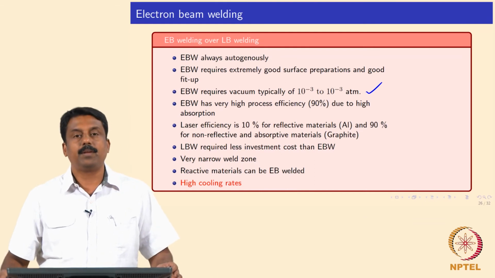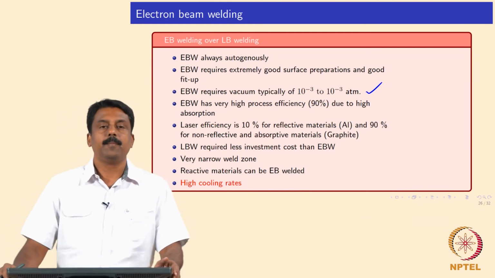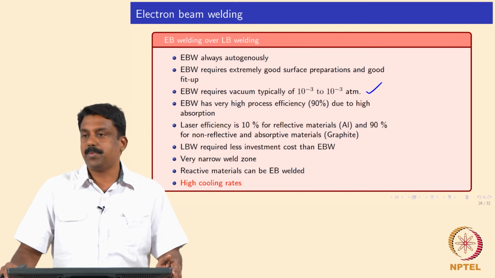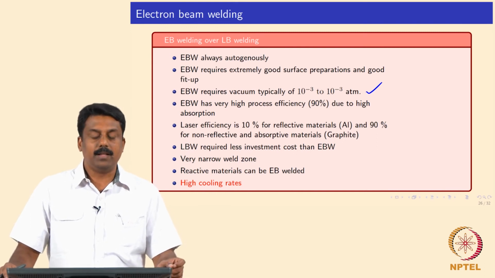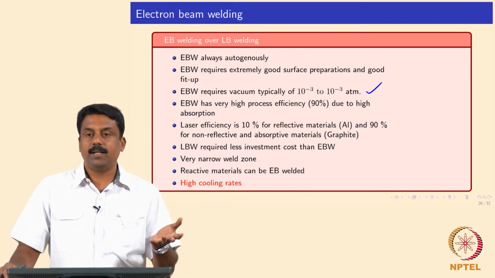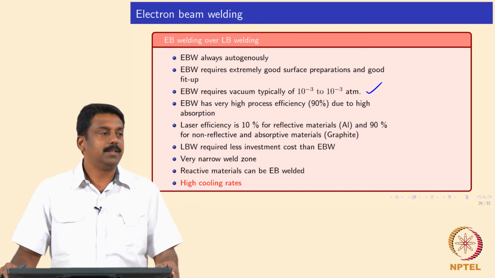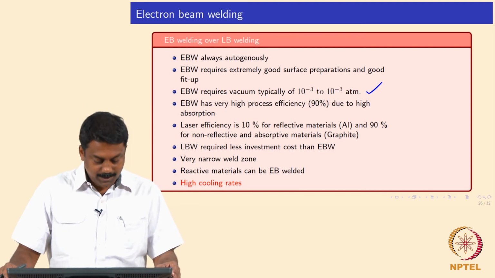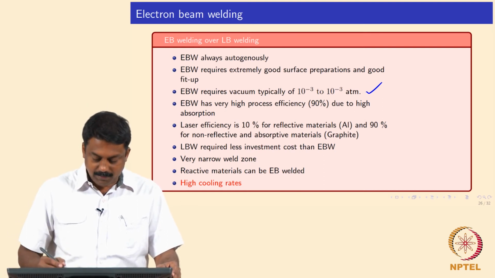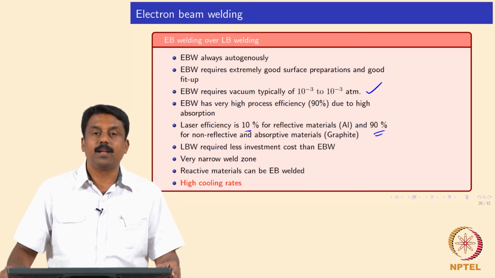It has a very high process efficiency, 90%, because of the very high absorption. In the optical spectrum, the material does not absorb laser effectively, but electrons can bombard the material, right. So laser efficiency is much lower, not even 10% for aluminum, whereas 90% can be achieved in electron beam welding.